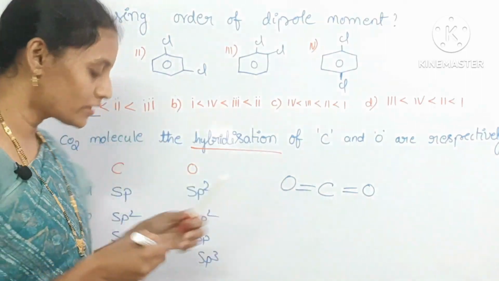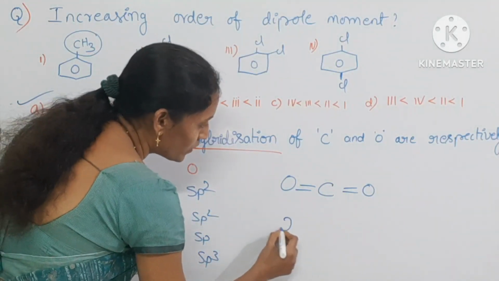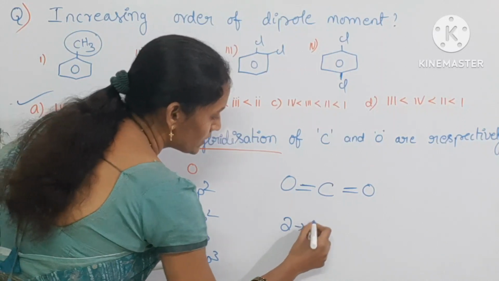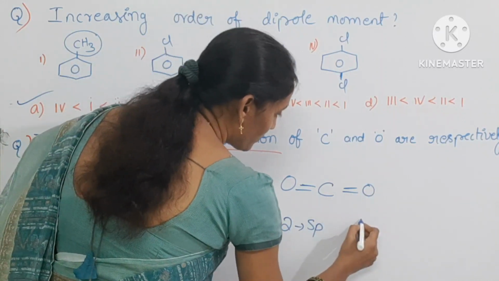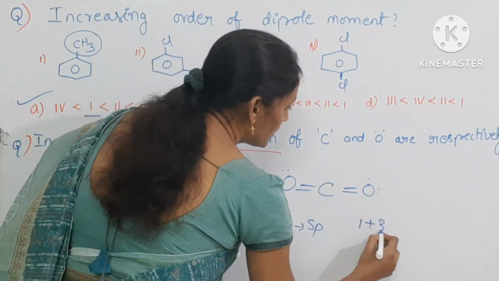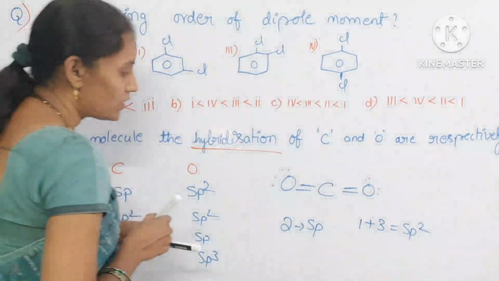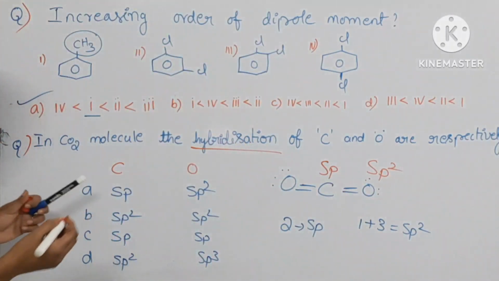So here to identify carbon, two pi bonds are there, this is one and this is one, no lone pair, so it is sp hybridization for carbon. For oxygen you can see one pi bond plus oxygen has two lone pairs, so it has sp2 hybridization. So carbon sp, oxygen sp2. So which option did you get here?